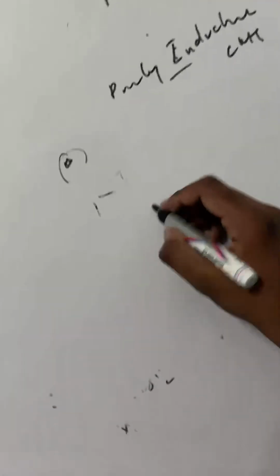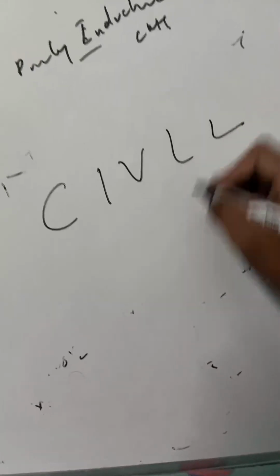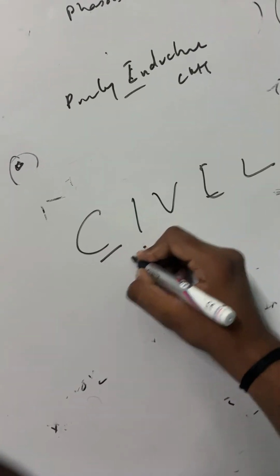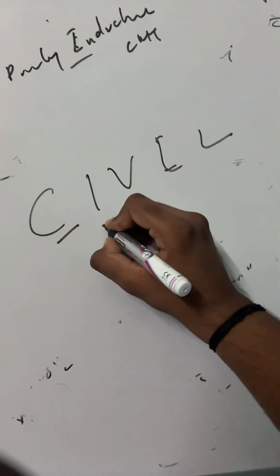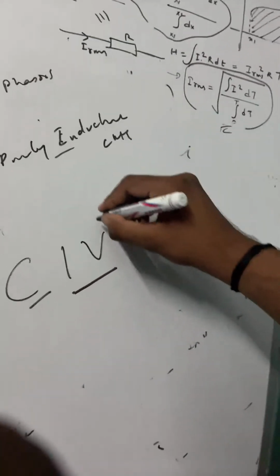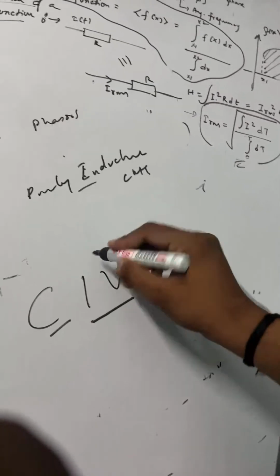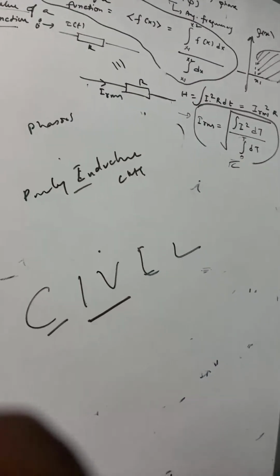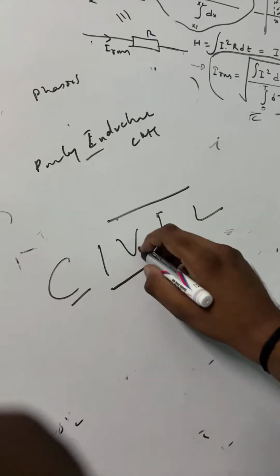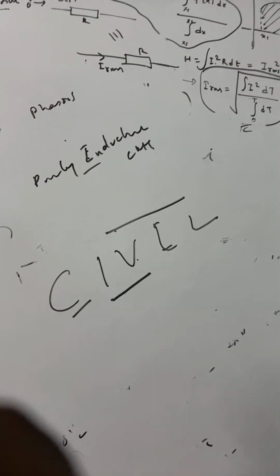So I'm giving you one trick to remember this. Remember CIVIL. For a capacitor, the current will lead the voltage. For an inductor, L, the voltage will lead the current by an angle of pi by 2.